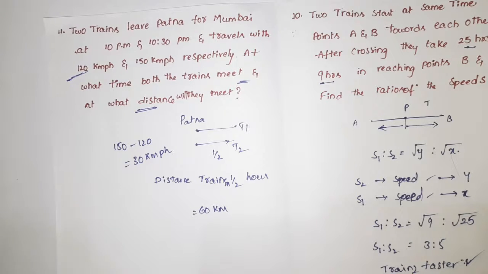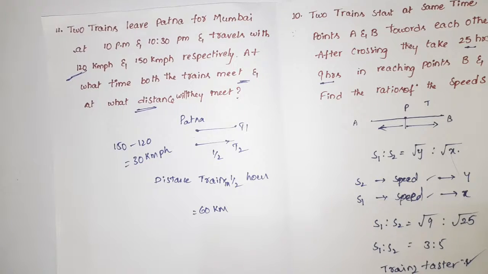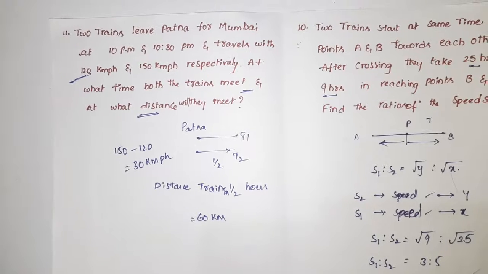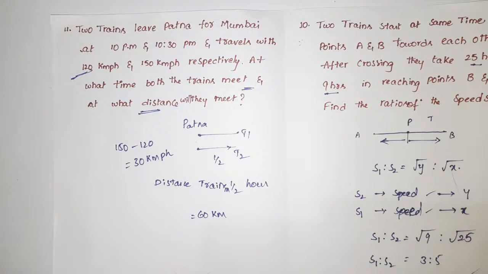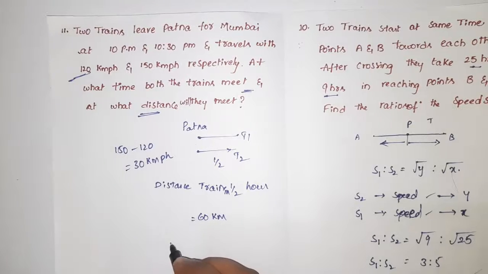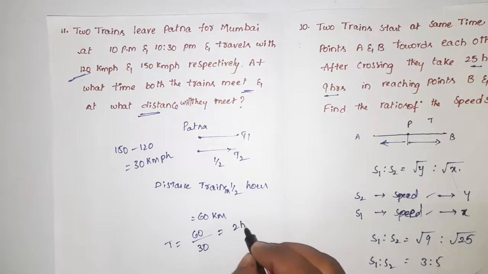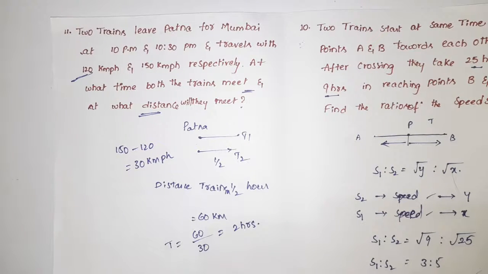So to meet train 1, which is going at 120 km per hour, train 2 has to cover 60 km. So the time t is equal to 60 divided by the relative speed, that is 2 hours. So train 2, moving at 150 km per hour, will take 2 hours to meet train 1, which is going at 120 km per hour.